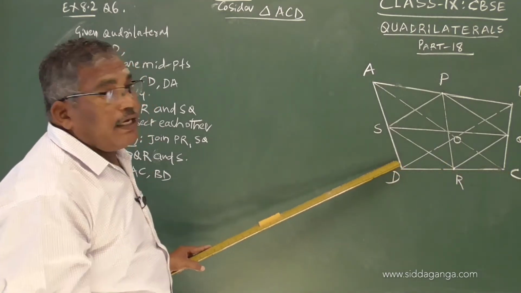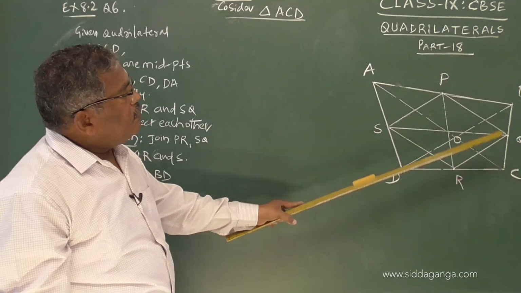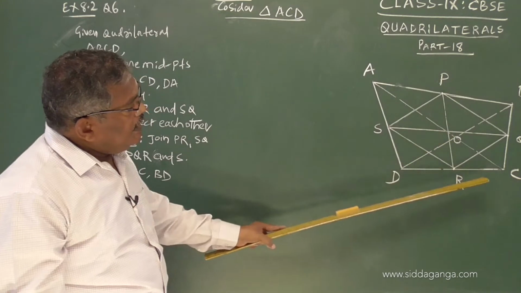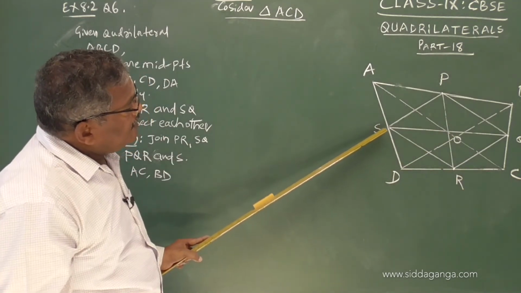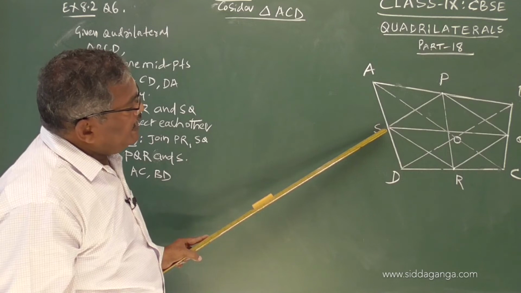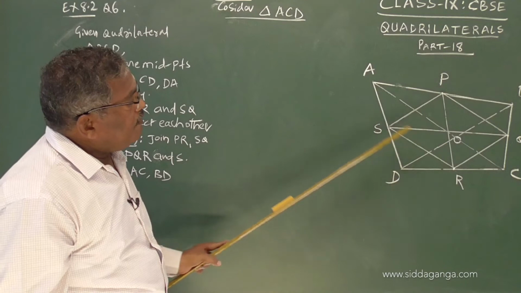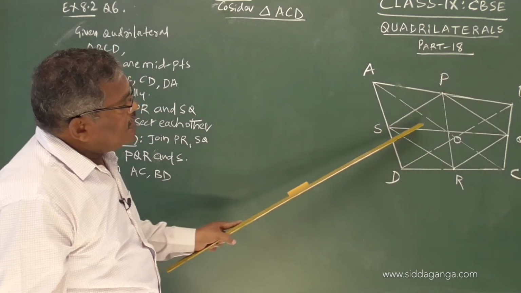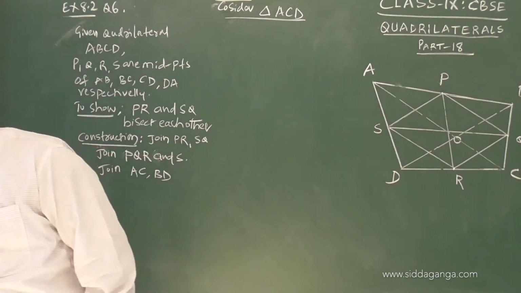ACD is a triangle. AC is the diagonal of the given quadrilateral ABCD. So, in ACD, we know that S is the midpoint of AD and R is the midpoint of CD. Therefore, SR is parallel to AC and SR is half of AC by midpoint theorem.